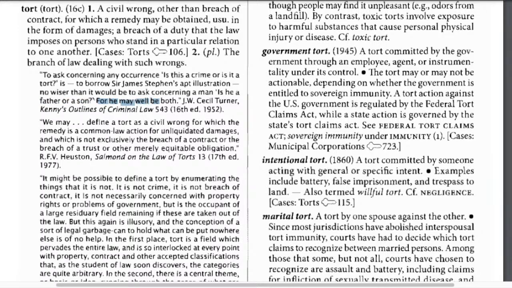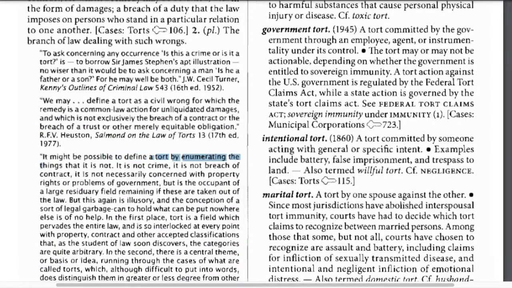For he may well be both. We may define tort as a civil wrong for which the remedy is a common law action for unliquidated damages, and which is not exclusively the breach of a contract or the breach of a trust or other merely equitable obligation. It might be possible to define tort by enumerating the things it is not. It is not a crime. It is not a breach of contract.